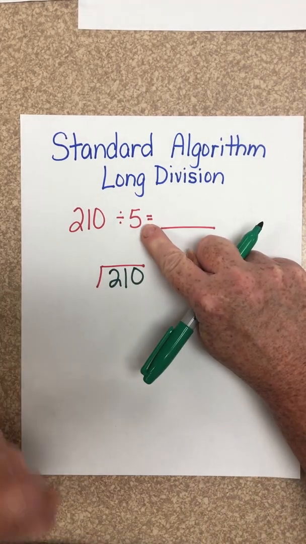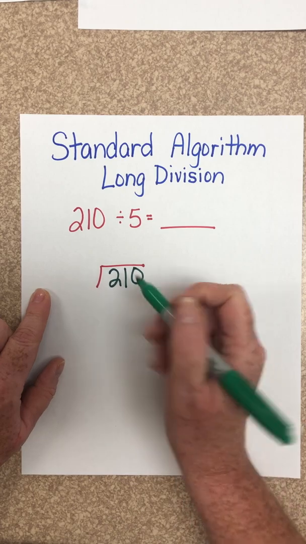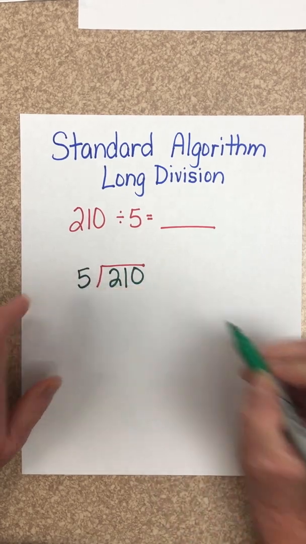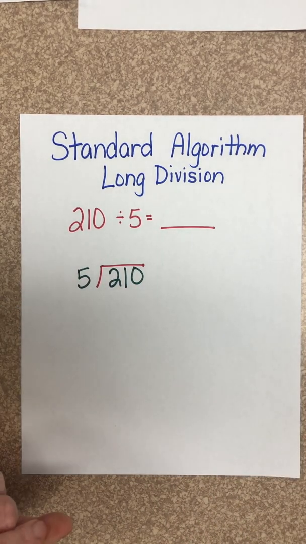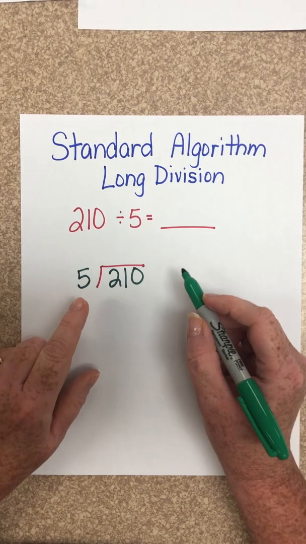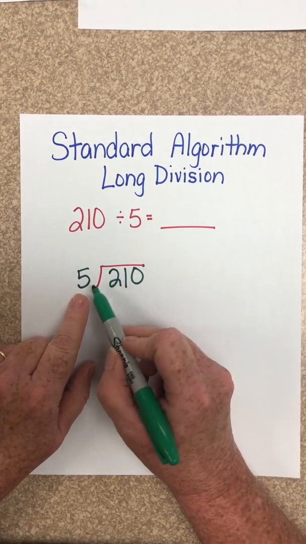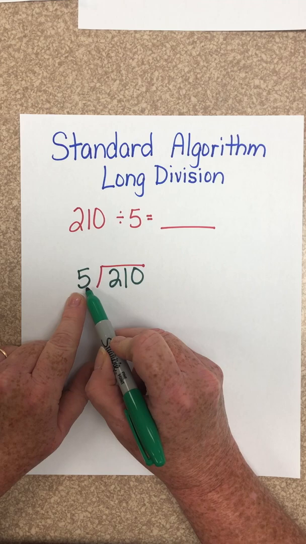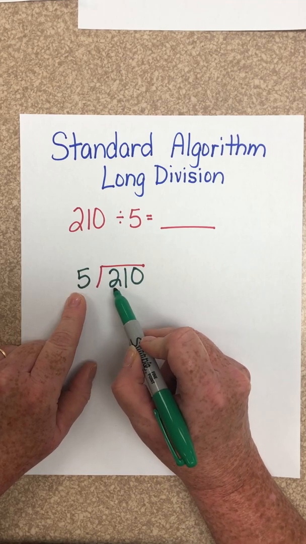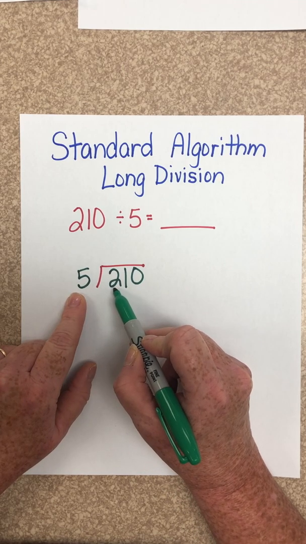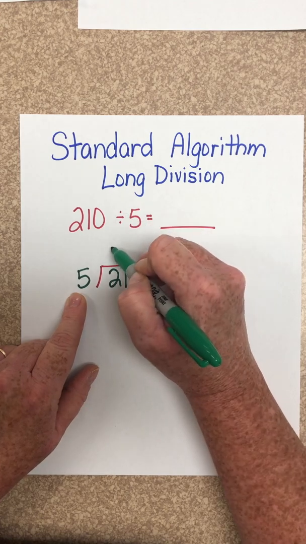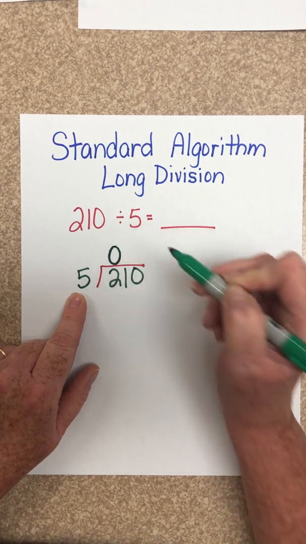The second is the divisor, and it goes outside of the box. Now let's begin. We ask ourselves some questions. For example, how many 5s can we get out of a 2? Well, we can't, so we put a 0 above the 2.